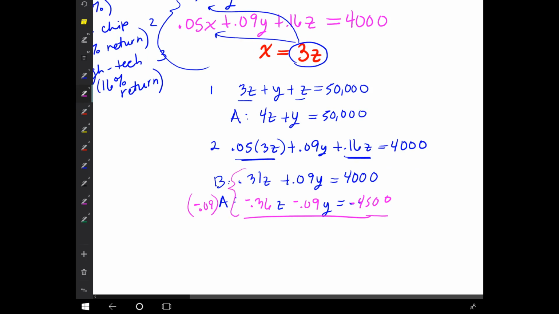So now when I add these two together, I'll have negative 0.05Z is equal to negative 500.